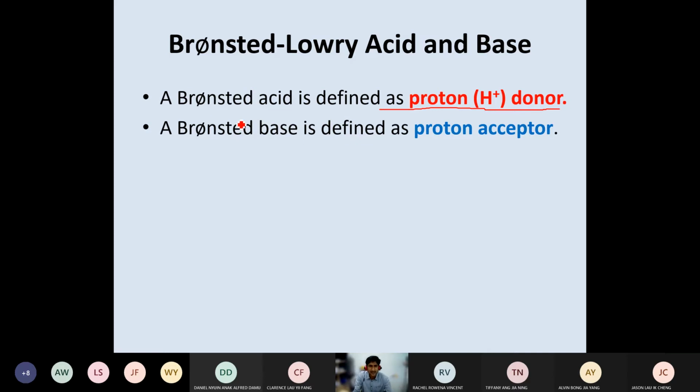So Lewis acid is what accepts or receives one pair of electrons, that's an acid. But Lewis base donates or gives one pair of electrons, that means two electrons. So that will be the Lewis acid and base.